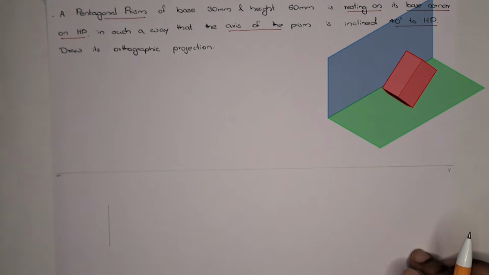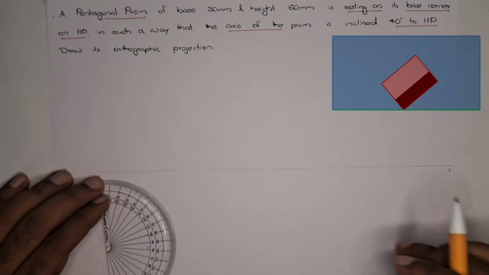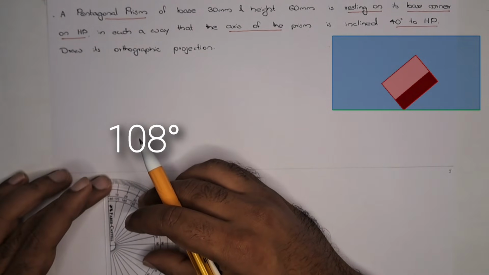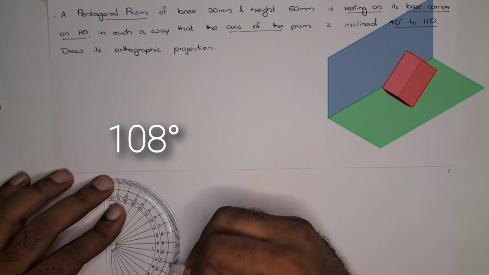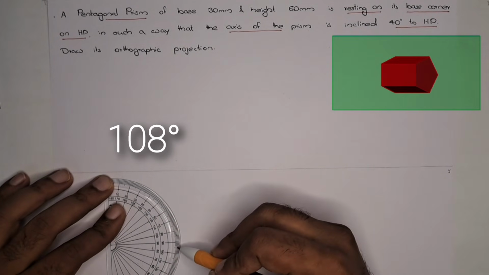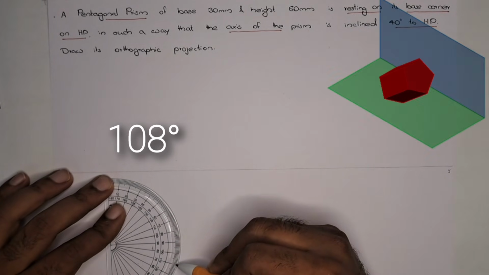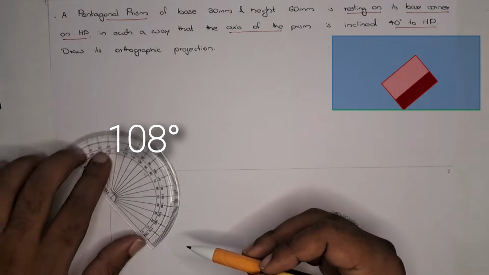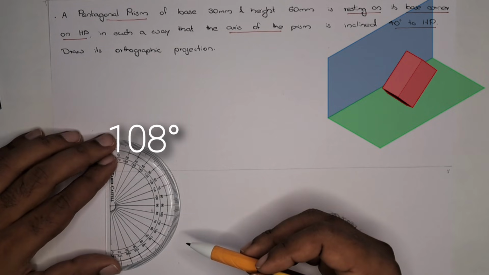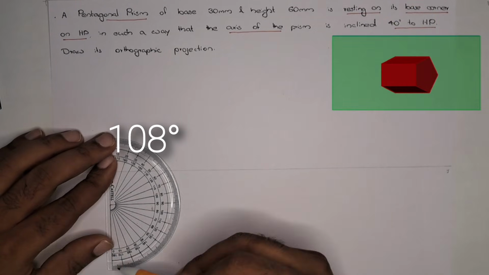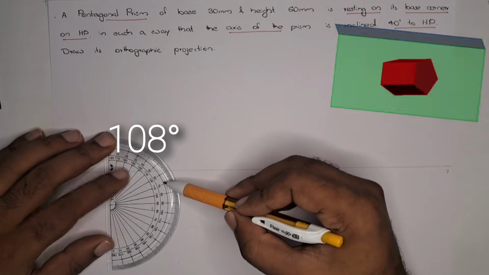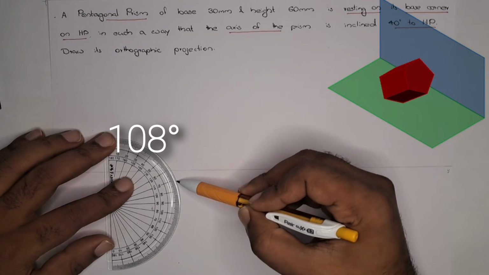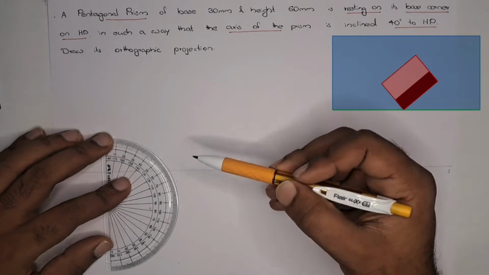Now we need to plot the angle 108. Here is the 108. This angle 108, and over here from here it's 108.